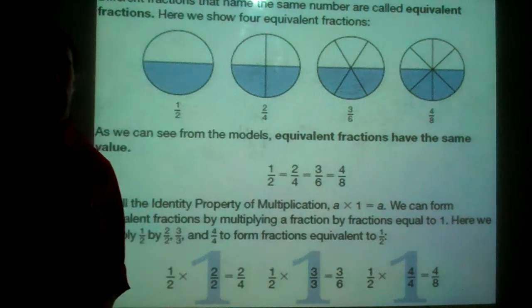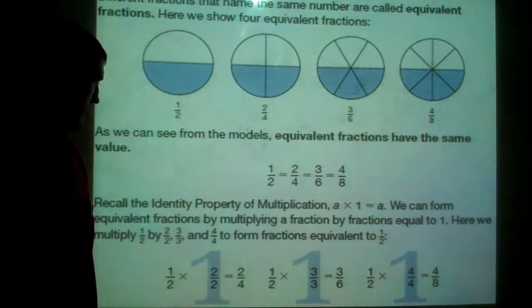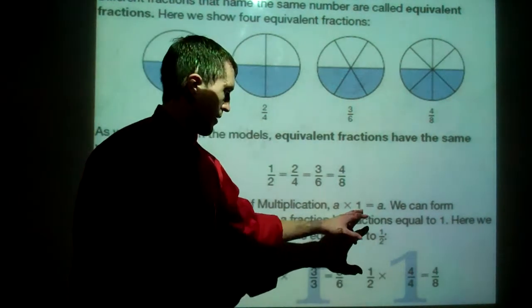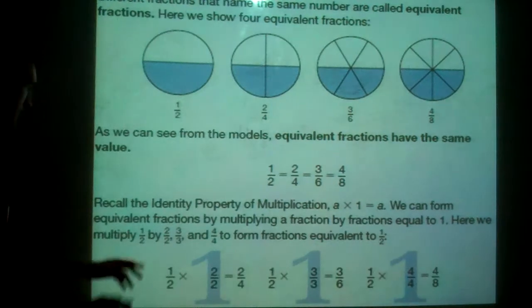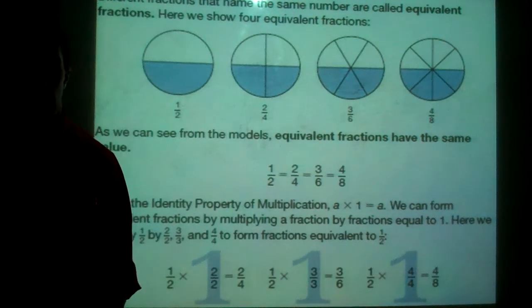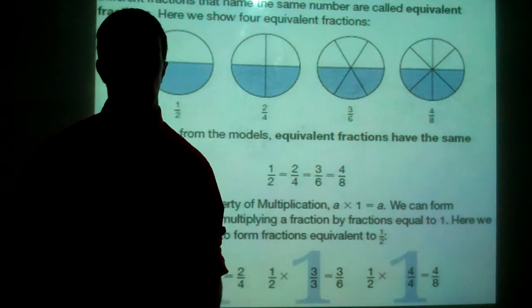And we had a property back in lessons 1 and 2 that we talked about, the property of multiplication. A times 1 equals A. Well, that's the identity property. The multiplicative identity is 1, because when you multiply by 1, you don't change the value of anything, you always get the same thing.